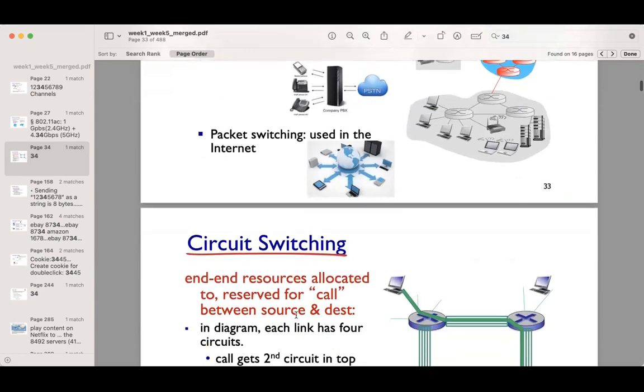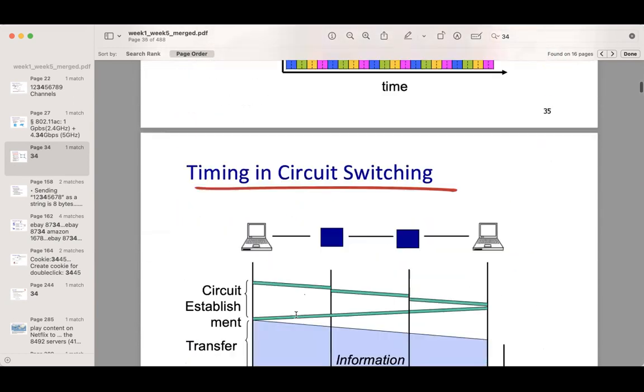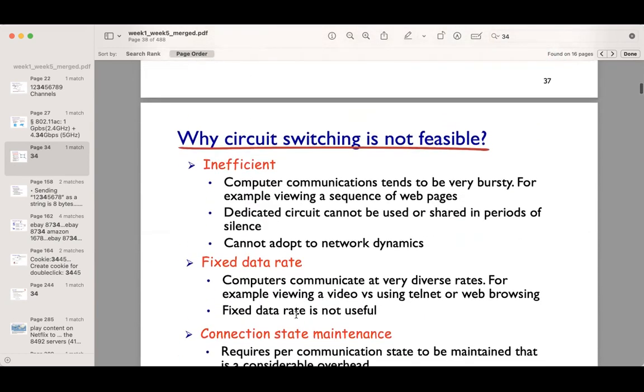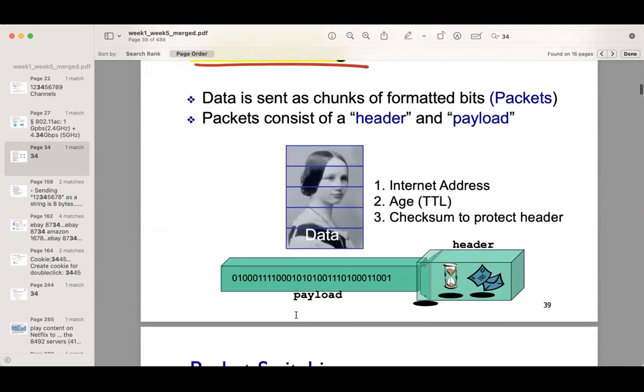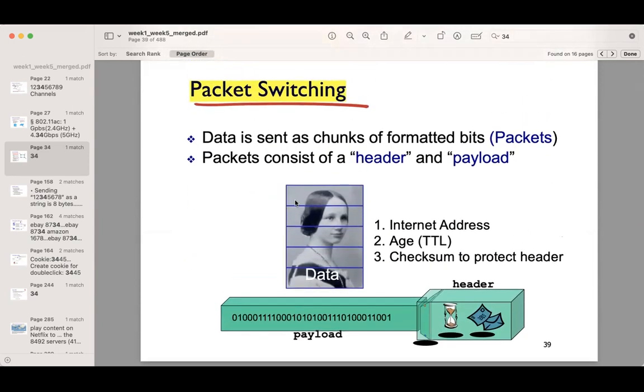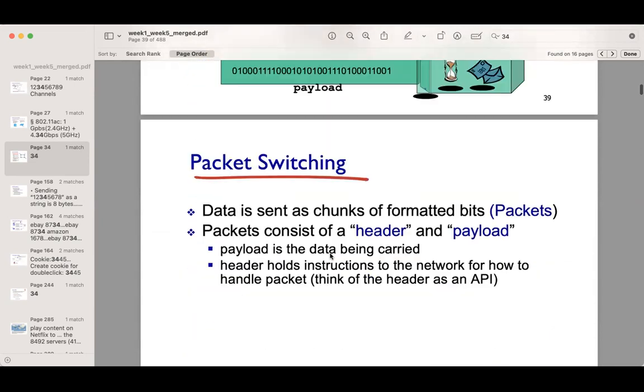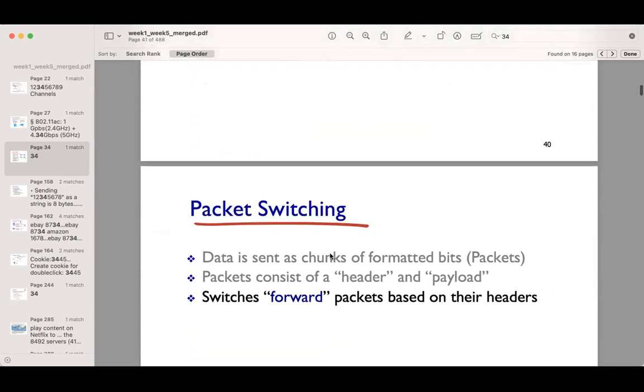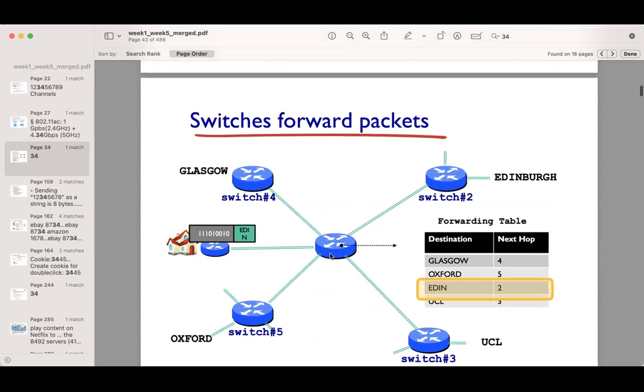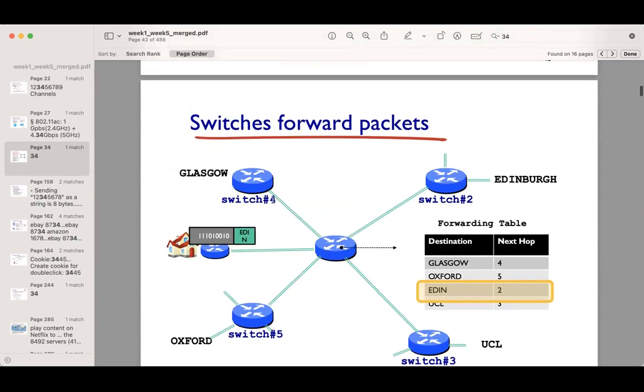And for packet switching, we divide the data we want to transfer, like images, into different packets, and transfer the packets one by one. We are also sharing the connection.